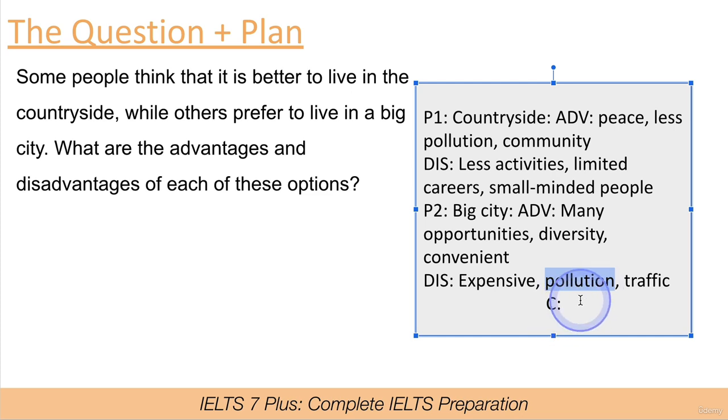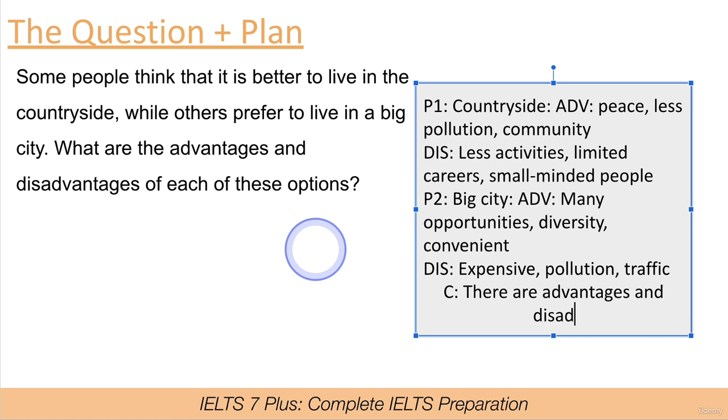We don't want to fall into the trap of repeating ourselves and using the opposite points. If we can be diverse, that would be good here. Okay, so in conclusion, we're not doing our opinion. So there are advantages and disadvantages to both living in the countryside and the big city here.